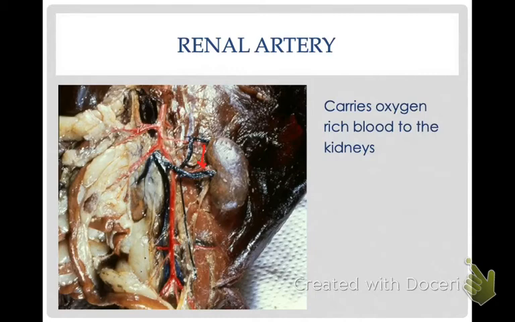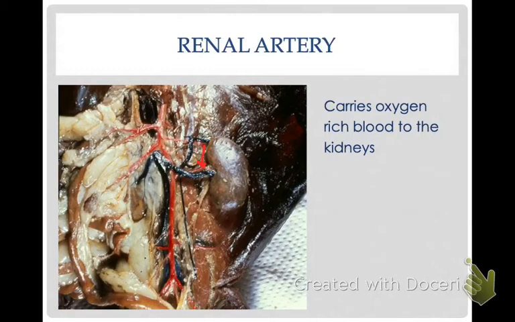They actually color the arteries and veins in the dissection animals, and so red would mean it's an artery because it's carrying oxygenated blood, and that oxygenated blood is going into the kidneys to oxygenate the cells, but also that blood is going to get rid of some waste as well.